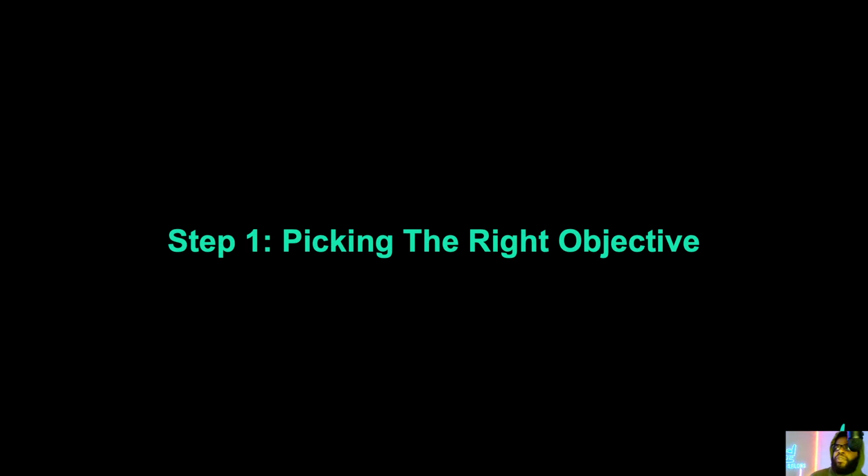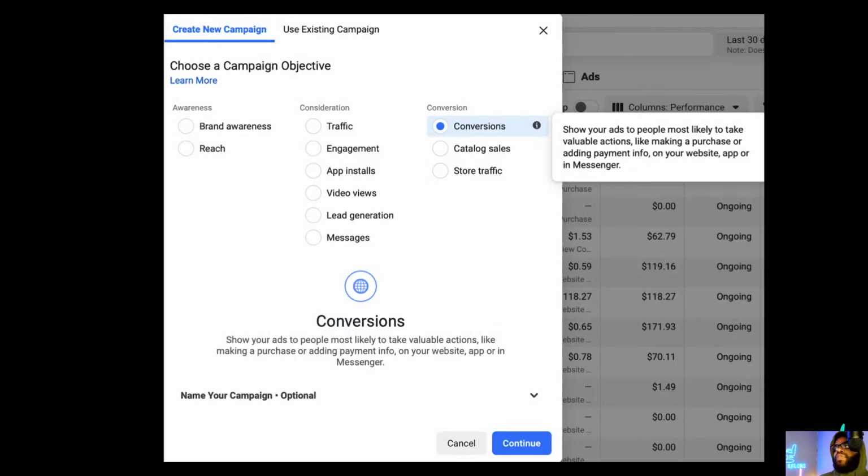Step 1 is going to be picking the right objective. If you're sending someone to your booking site and your booking site has a pixel, you go with conversions. If you don't have a booking site or your booking site does not allow for you to have a pixel, you want to go with messages, where if they respond to the ad, you're going to get a message in your Messenger or in your DM, depending on how you set your ads up.